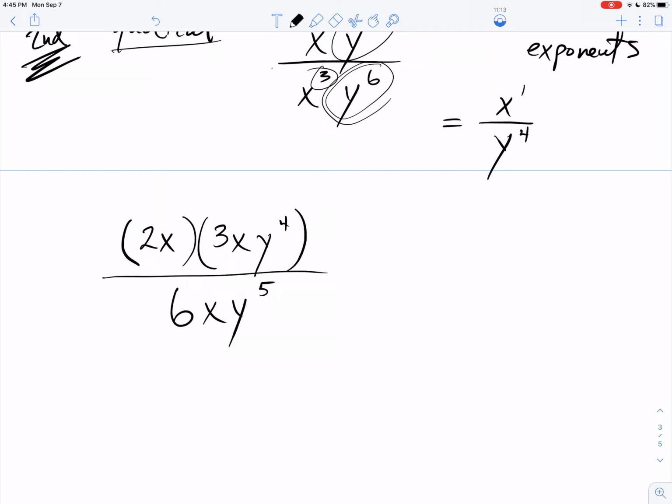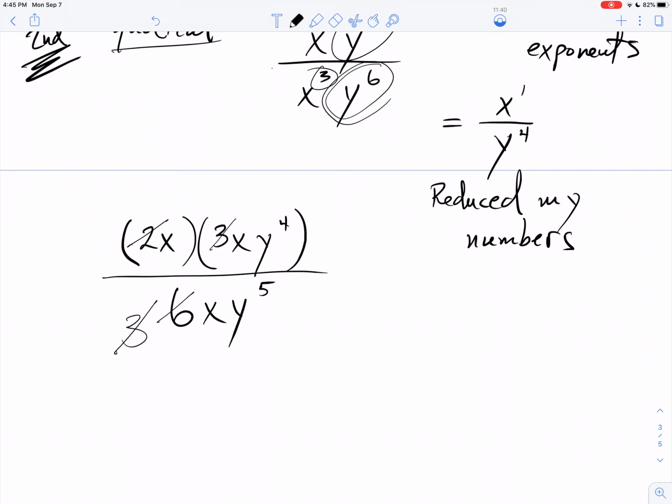See, if I wanted to, I could use the quotient rule first. I could say 2 goes into 6 3 times. 3 goes into 3 once. I have reduced my numbers. That's a quotient rule thing.